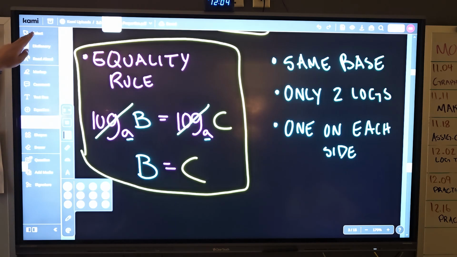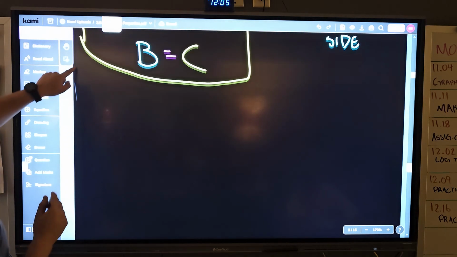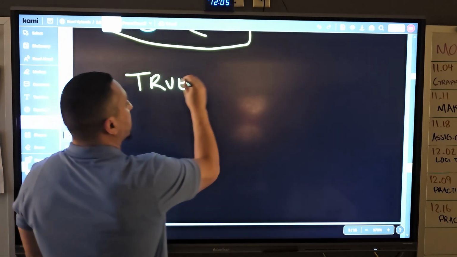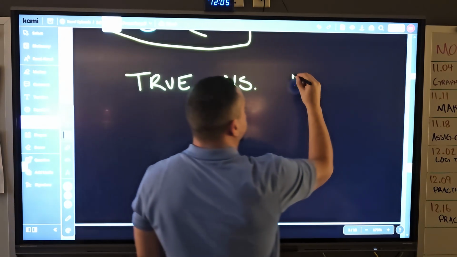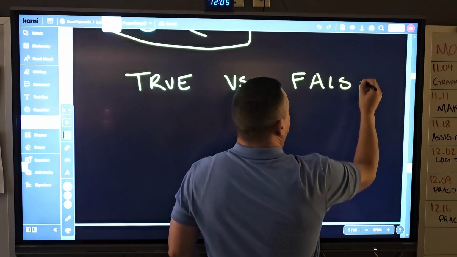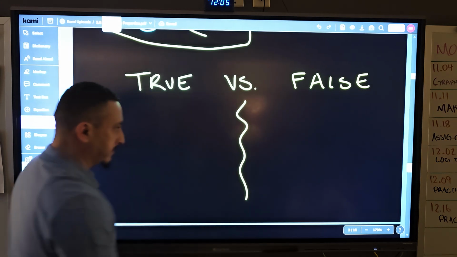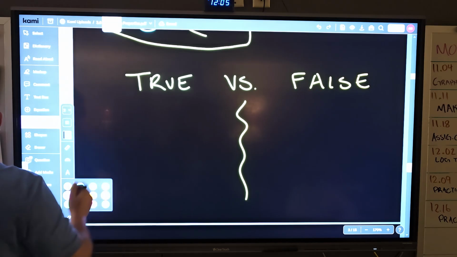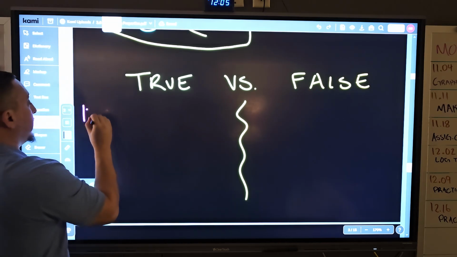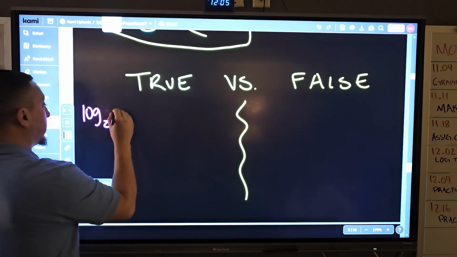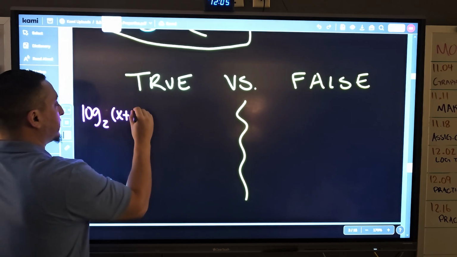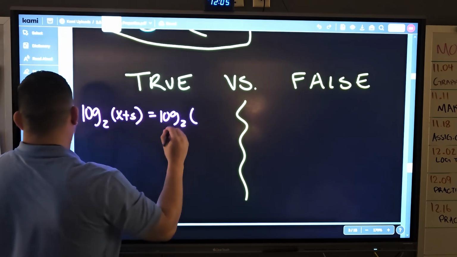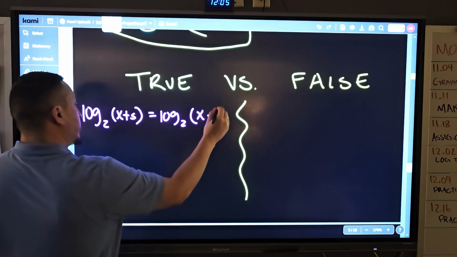Okay, let me show you a true false. True versus false. What it is, what it's not. Examples of when you can do it, when you can't. For example, we could do log base 2 of x plus 5 equals log base 2 of x minus 1.